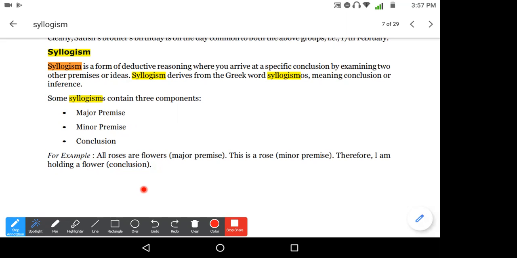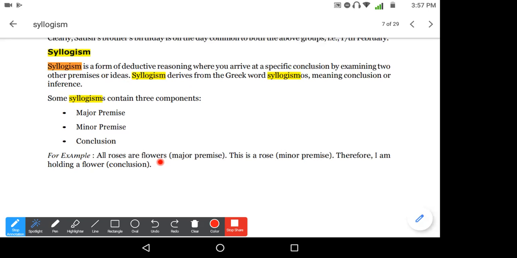Now, when there is a general statement which says all roses are flowers, suppose I am holding a rose in my hand, so I say this is a rose, and everybody knows that rose is a flower, right? So in return, I can also say I am holding a flower, instead of saying I am holding a rose.